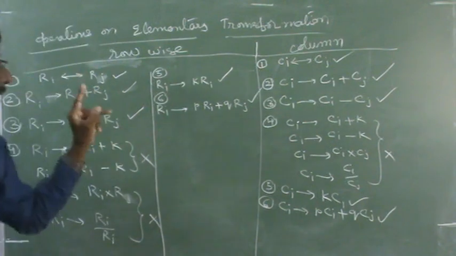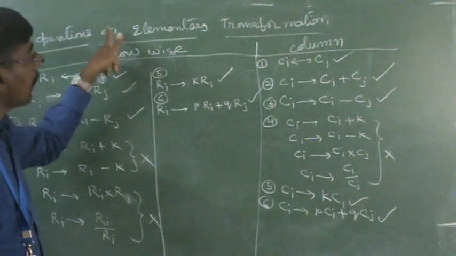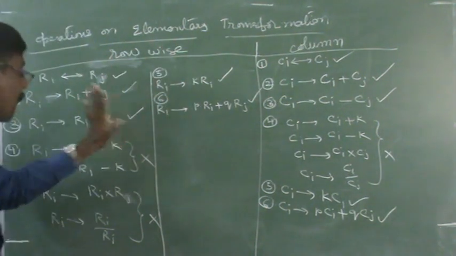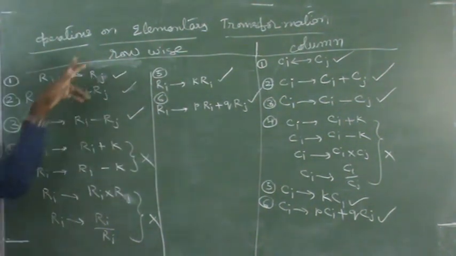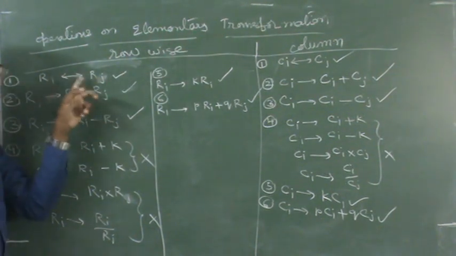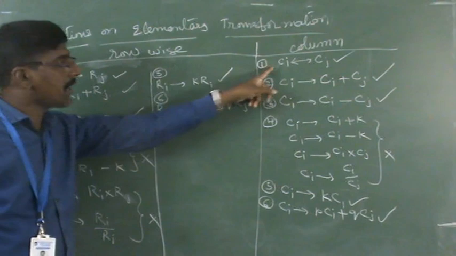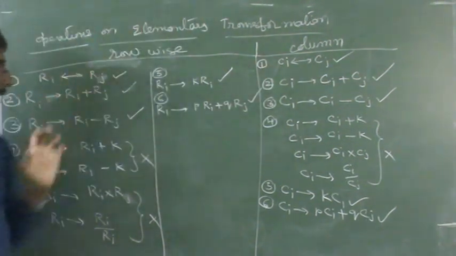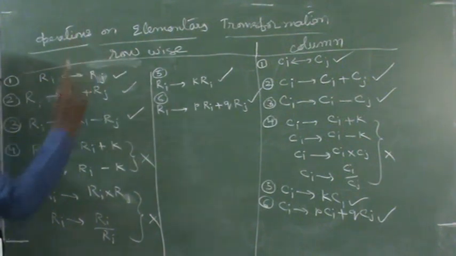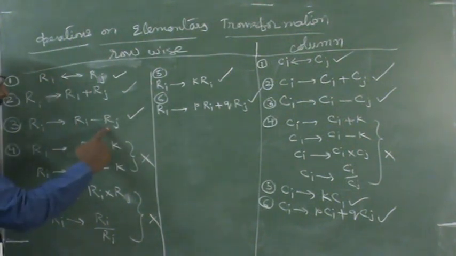First, we have to know what the operations of elementary transformations are. First, we have to remember what the operations are in the case of elementary transformation. Two rows interchanging applicable, two columns interchanging applicable. There is no problem. Ri tends to Ri plus Rj applicable. Ri tends to Ri minus Rj.